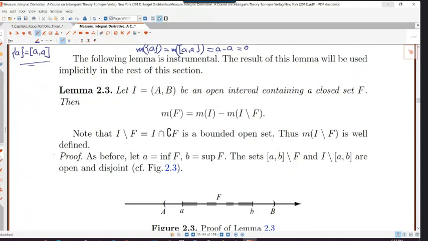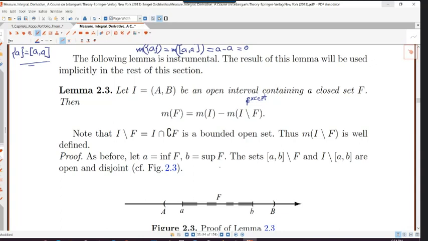Let I be an open interval (A, B) containing a closed set F. Then M of F equals M of I minus M of I except F.